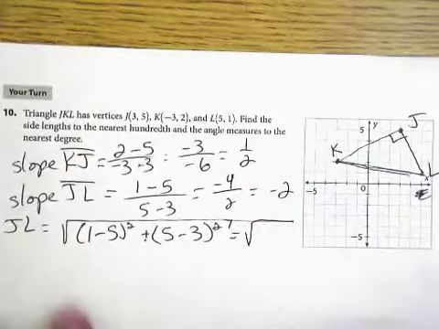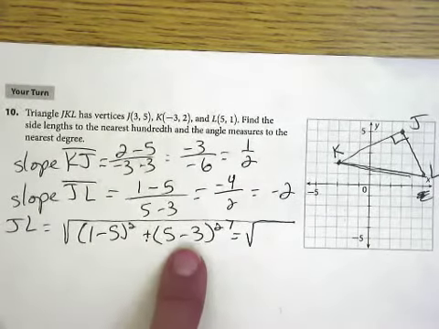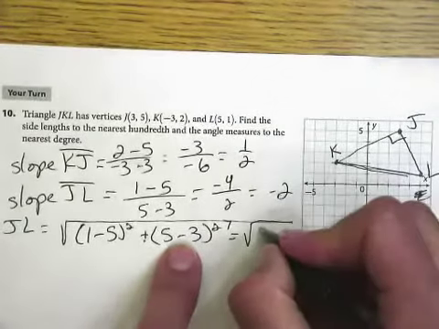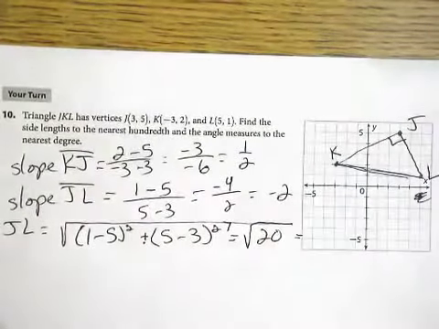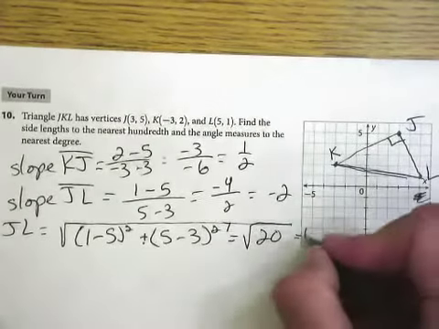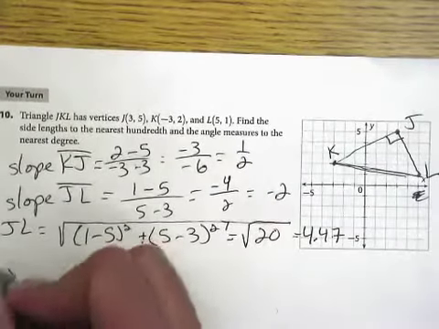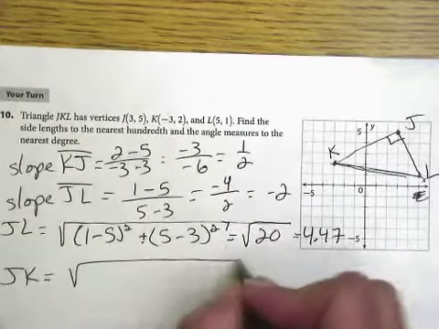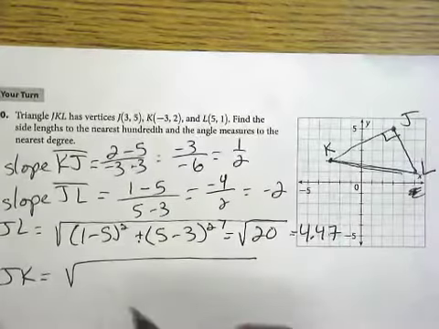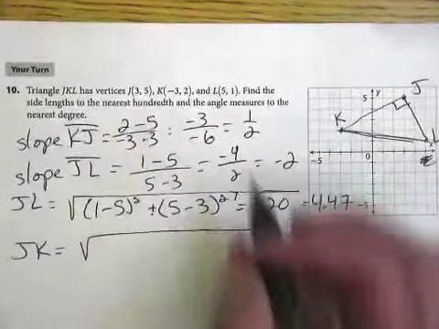It doesn't matter since I'm adding them. For example, 2 plus 3 is the same thing as 3 plus 2. Okay, so hopefully that doesn't mess anybody up. All right, so I'm simplifying this, and I get negative 4 squared is 16, plus this is 4, so 16 plus 4 is 20. So the square root of 20 is approximately 4.47.